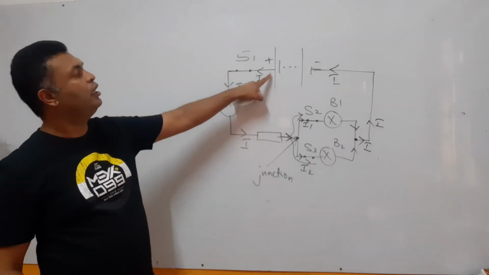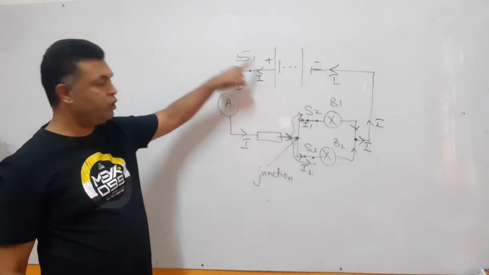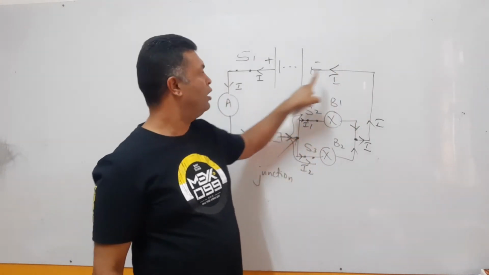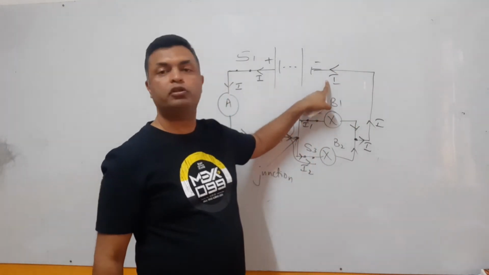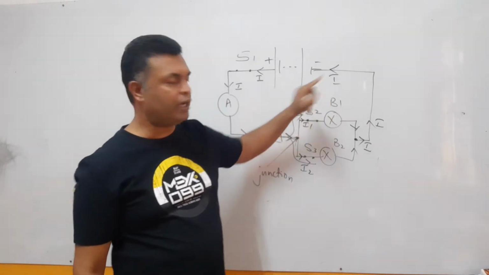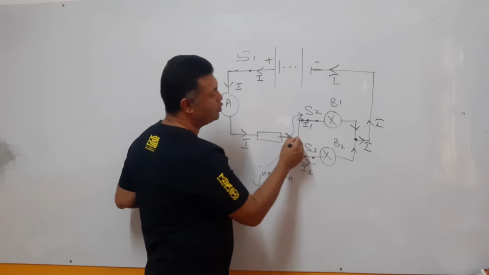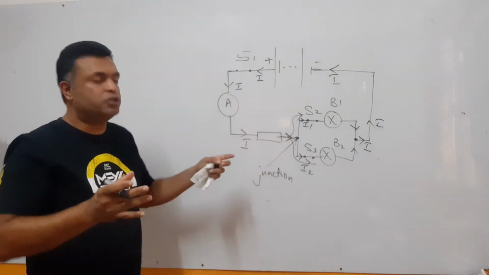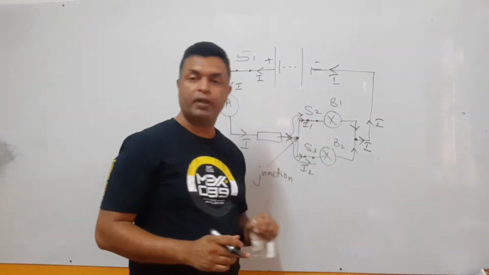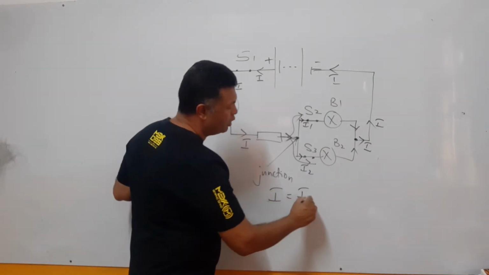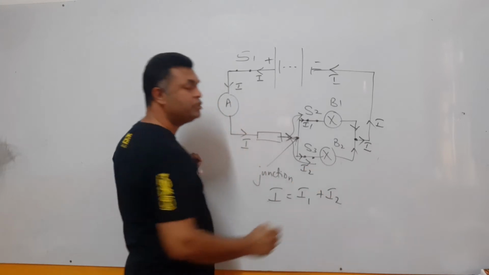Because I, leaving the positive terminal of the battery, should be returning to the negative terminal. But here, the current will be different because at the junction, the current distributes in the two paths. Now, what I can say is that I will be equal to I1 plus I2.